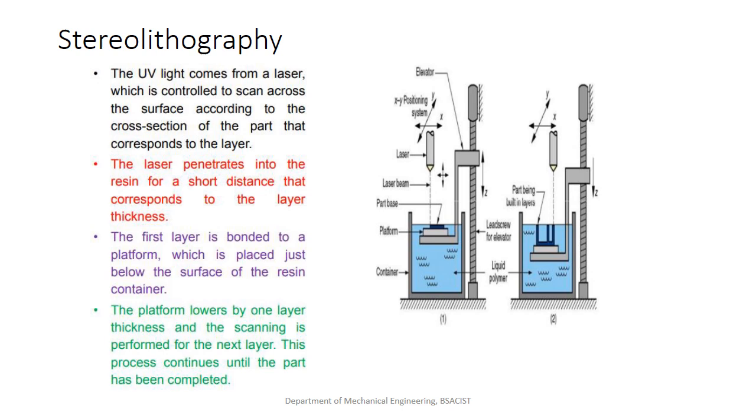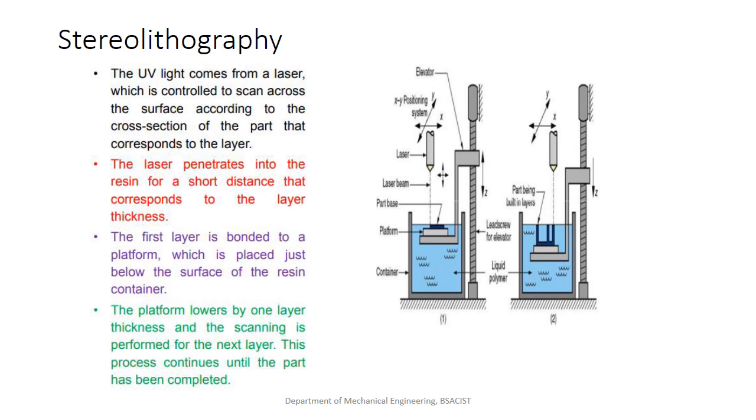Now we are going to delve deeply into the process of stereolithography. The ultraviolet light comes from a laser which is controlled to scan across the surface according to the cross section of the part that corresponds to the layer.